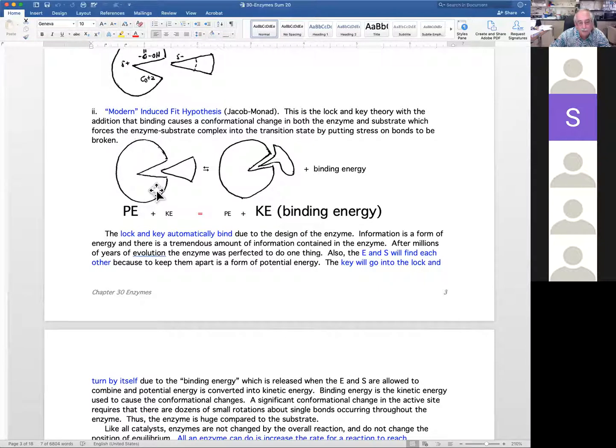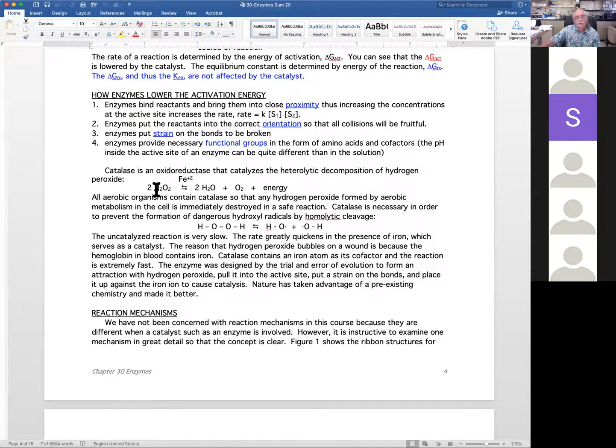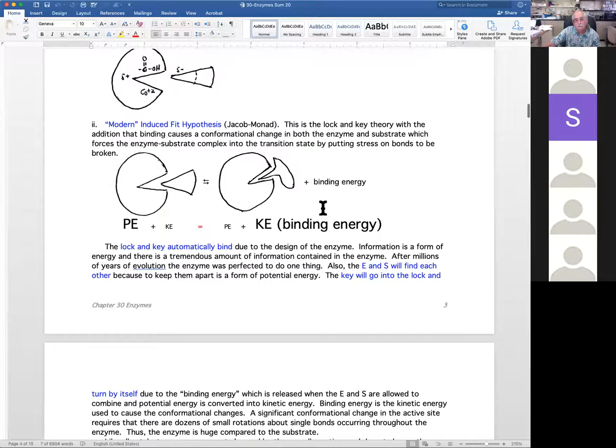That's why. Regardless, it increases the concentrations at the active site, which increases the rate. Then it puts the reactants into the correct orientation so that all the collisions will be fruitful. And it puts strain on the bonds to be broken. And that's what I meant by this binding energy right here.